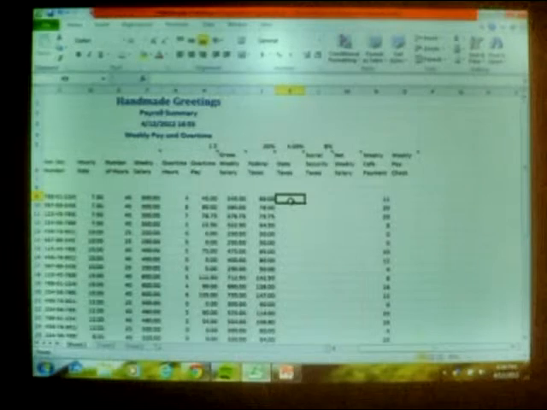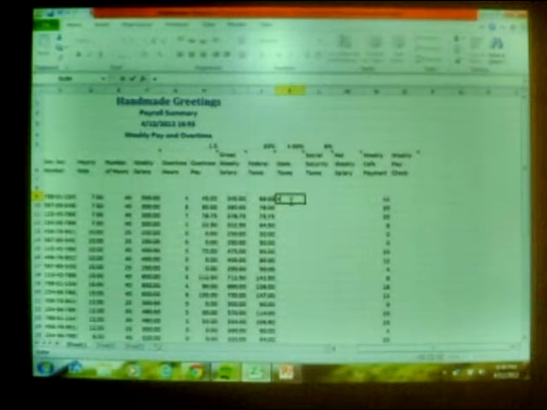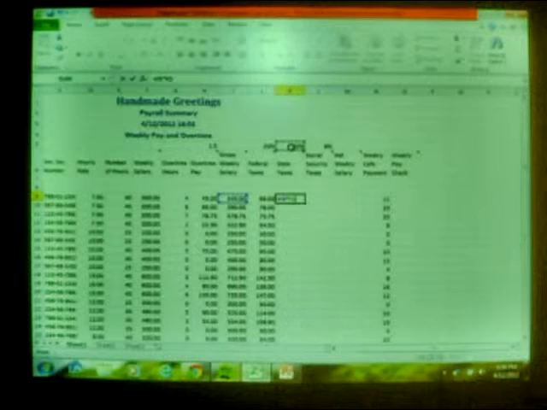Now at this point we're at the state taxes equal, and we're back at I9 times K5, and we'll place the $ sign there to make it absolute.